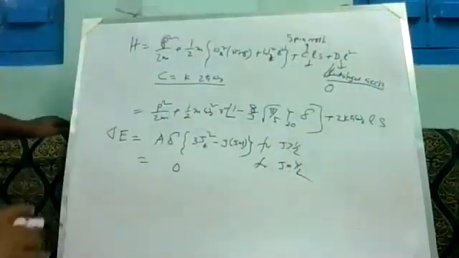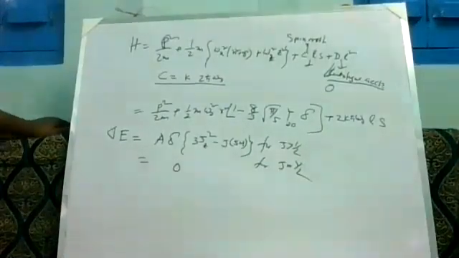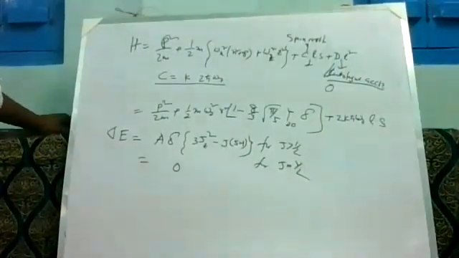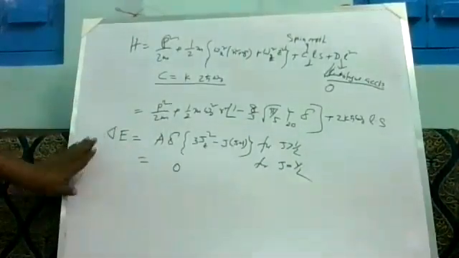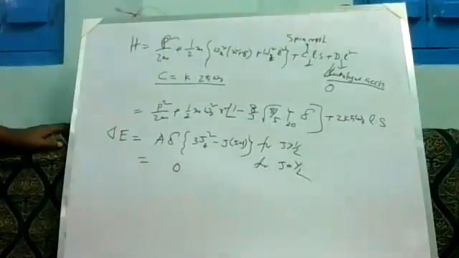If j is greater than half, then this is the expression, and this difference in energy would be 0 if j equals half.